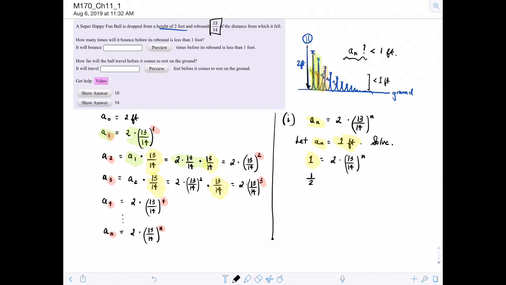We'll have 1/2 equal to 13/14 to the n power. And we can use natural logs and easily see that the natural log of 1/2 divided by the natural log of 13/14 is going to be equal to n. So let's do that in the calculator and we'll just get an approximation.